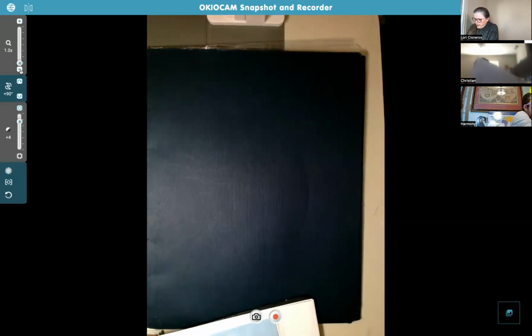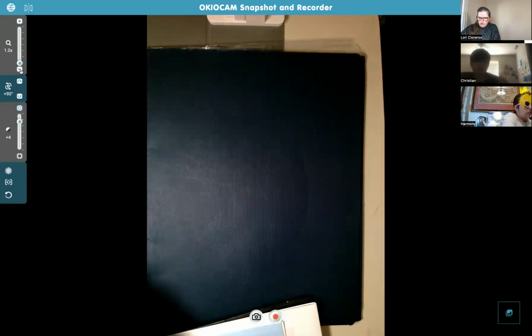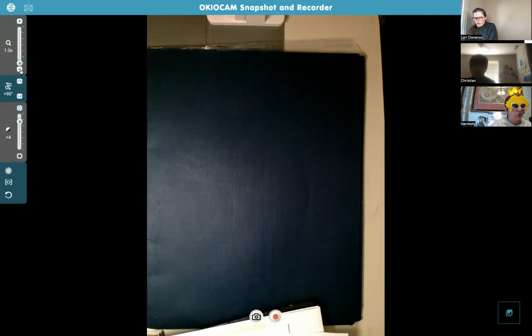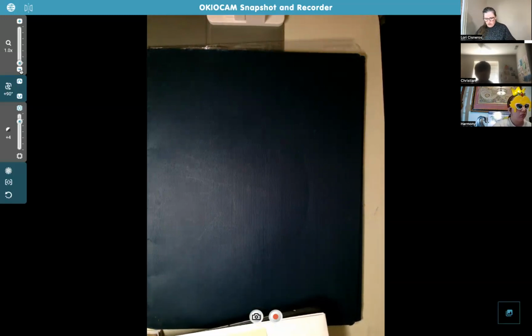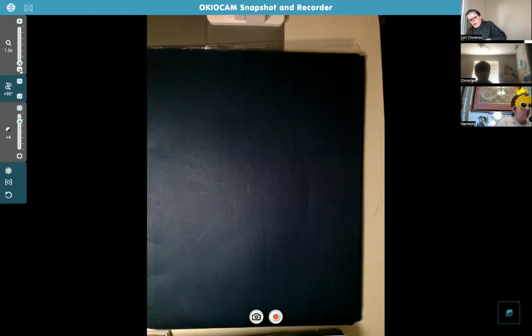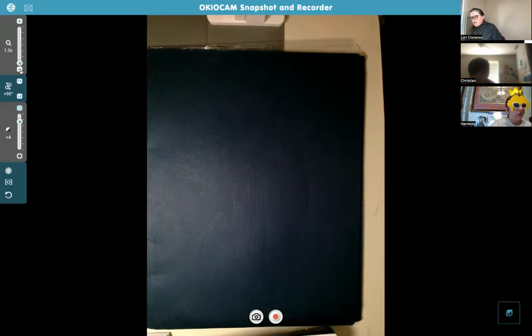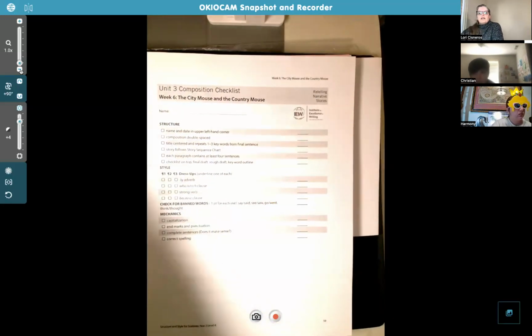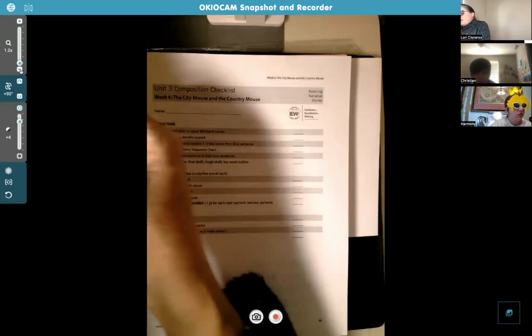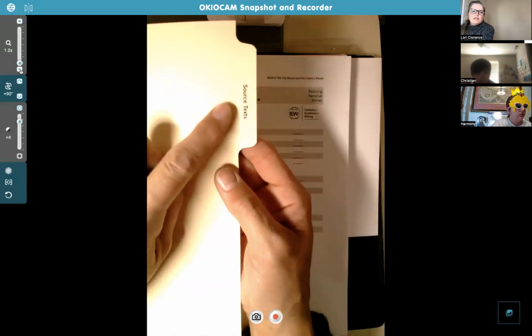After you put the blue page away behind banned words, now go back to the front and you're going to get out the next week, which is week 6. So go back to the front of your binder behind the source text tab, the very first tab says source text.